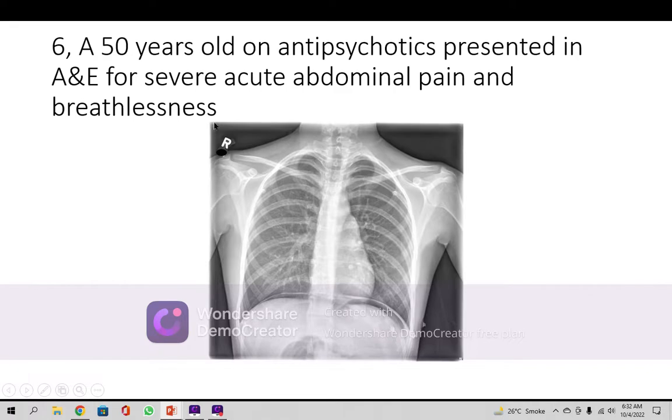The X-ray was given of a 65-year-old on antipsychotics who presented in the emergency and accident department with severe acute abdominal pain and breathlessness. This was the scenario. The patient was fulfilling the requirement, although because of the pain he cannot stand. It is a PA view and a standing view.